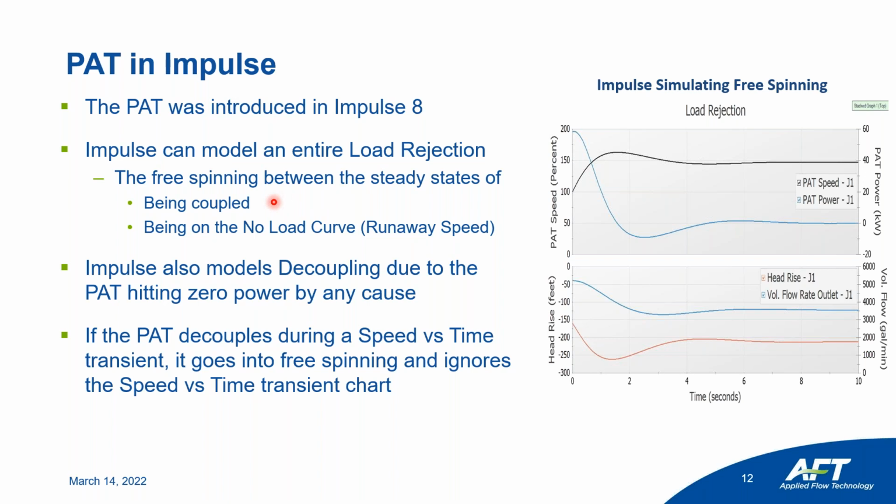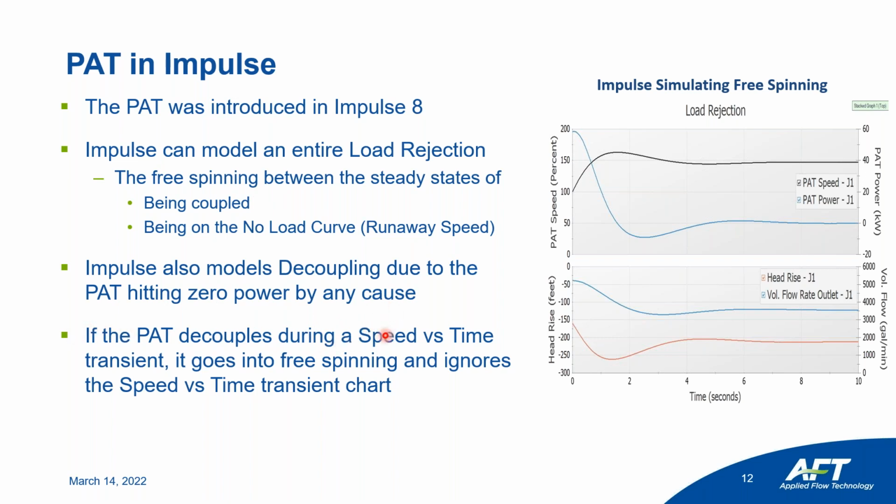Impulse also models the decoupling due to the PAT hitting zero power by any cause. So what that means is no matter what you set the transient as in the PAT, Impulse will decouple the PAT when it hits zero power.